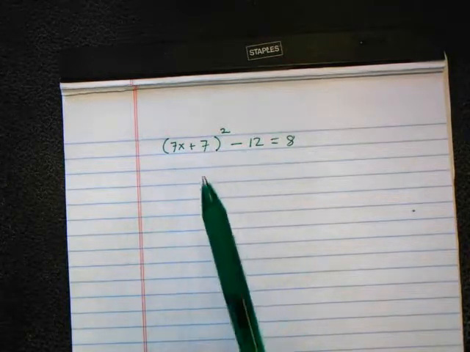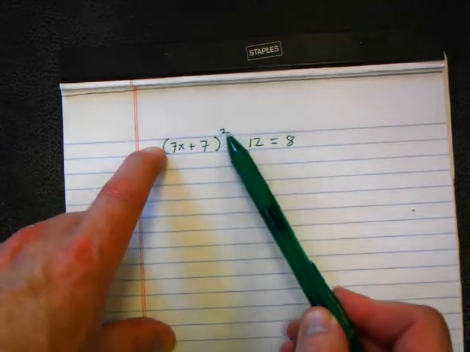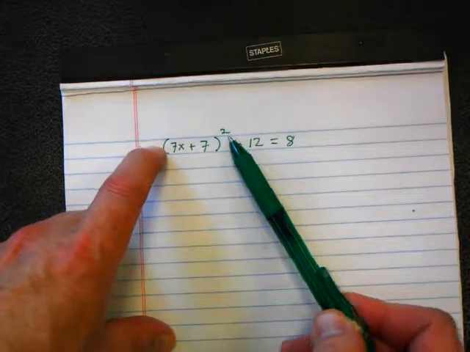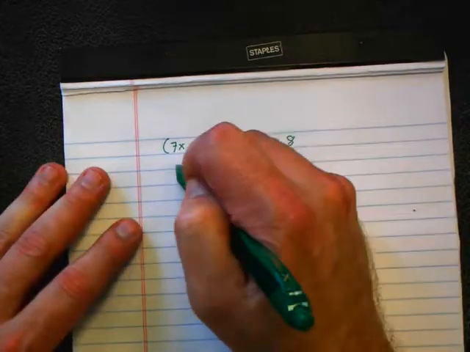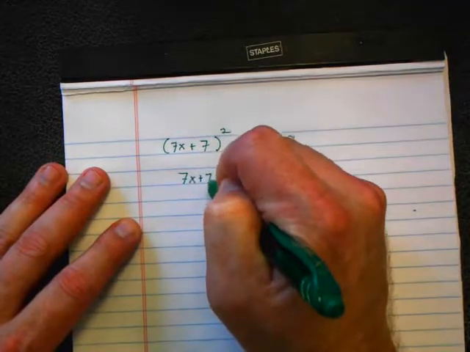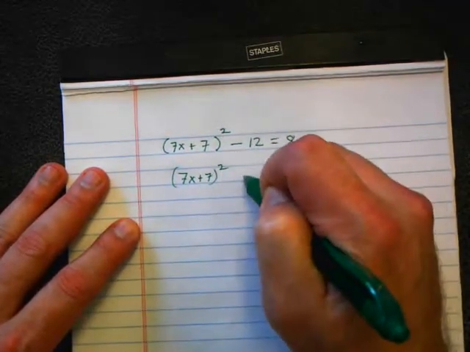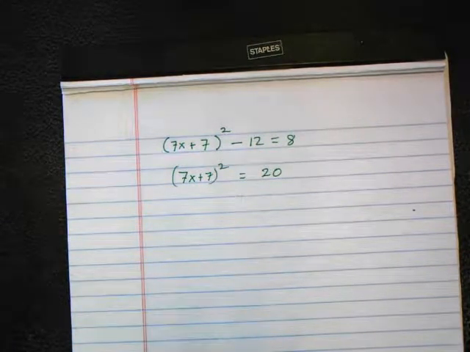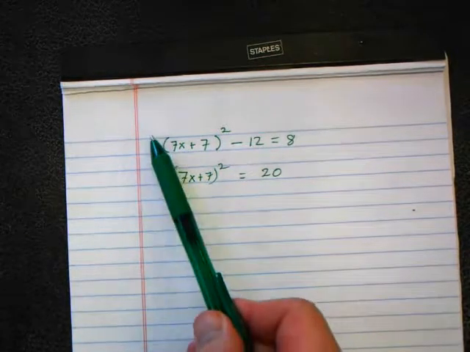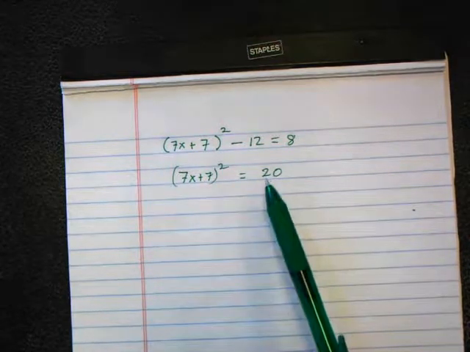All right, so if you have a parenthesis like this and a square here, that's fine. What you want to do first is get this thing all by itself. So I'm going to write this as 7x plus 7 squared equals 20. I want to get that thing all by itself first. If there was a number in front here that was multiplying, I would divide by that number too.